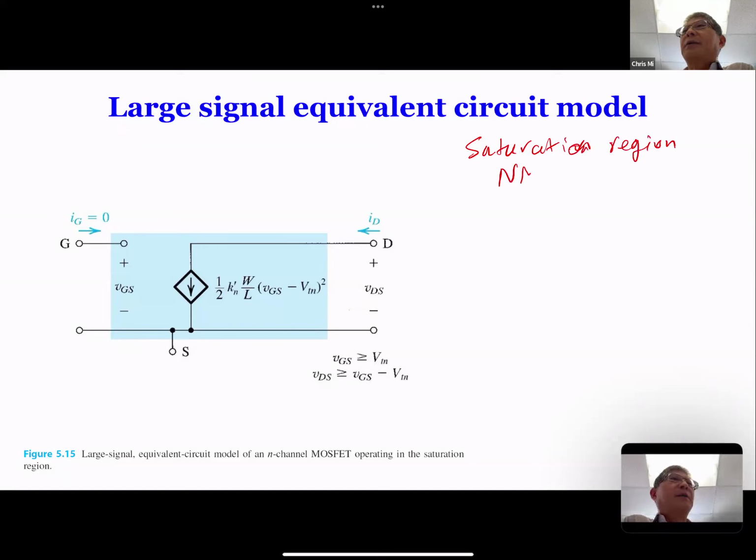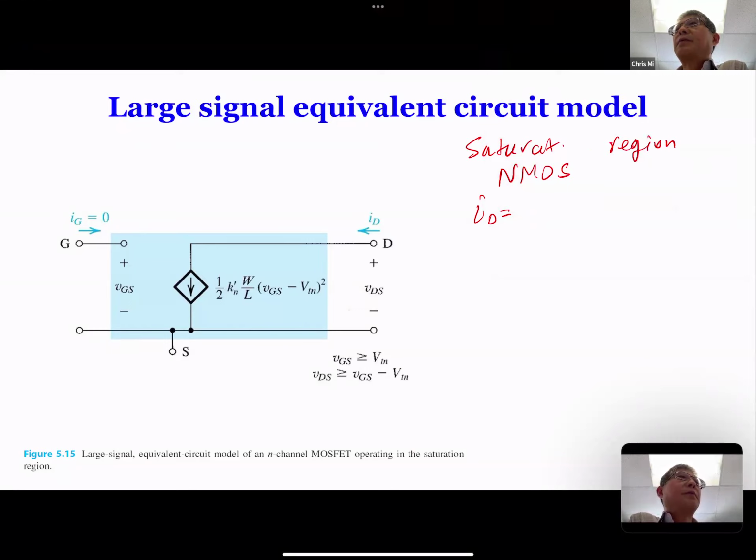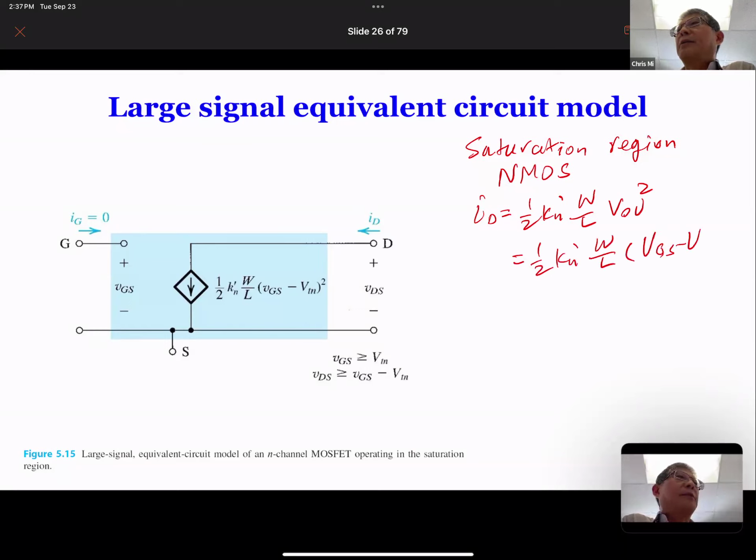Again, this is also NMOS, because we have ID equal to 1/2 Kn prime W/L times VOV squared, or it can be written as VGS minus VTN squared.